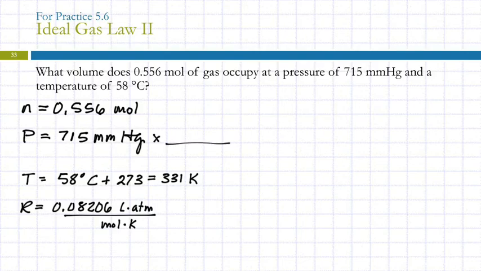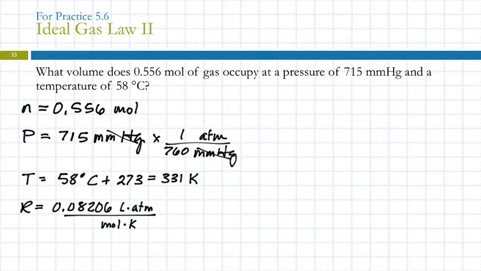All pressure unit conversions can be done in one step. So I want atmospheres. I'm going to put millimeters of mercury in the denominator. Those are going to cancel out. 1 atmosphere is exactly equal to 760 millimeters of mercury. You should memorize that one because we're going to use it a lot.